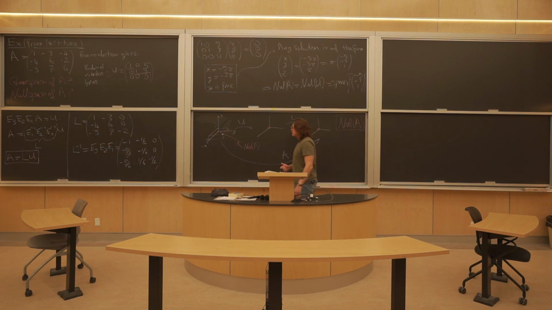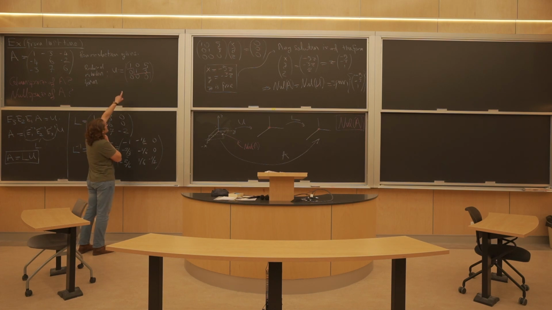Now note that if, instead of trying to come up with this particular vector, I was just worried about the dimension, which in this case is 1 because it's a line, I could do the following. I could look at U, the reduced echelon form, and see that I have two pivot columns.